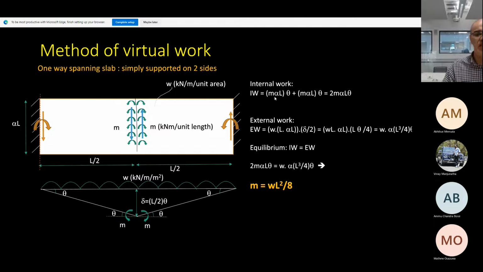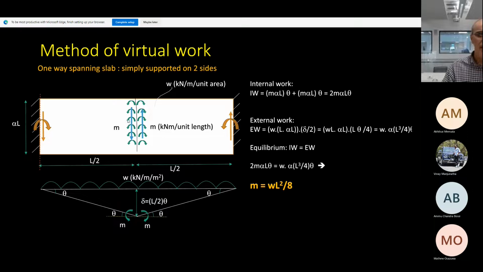Look here, please pay attention. M theta. Why did I multiply by alpha L? You see, M is the moment, the ultimate moment, times alpha L, because the moment is applied along the alpha L length. Do you agree?